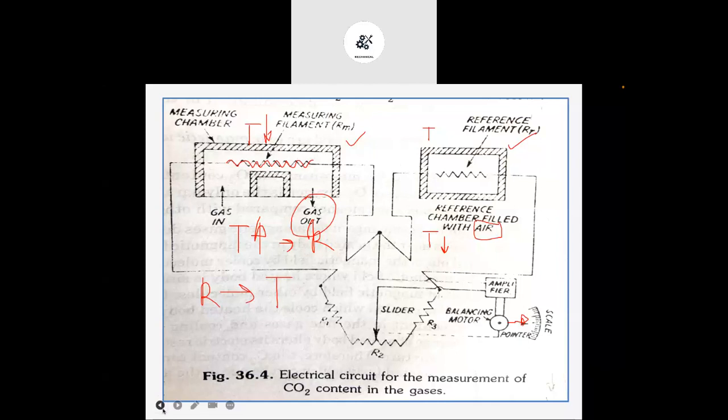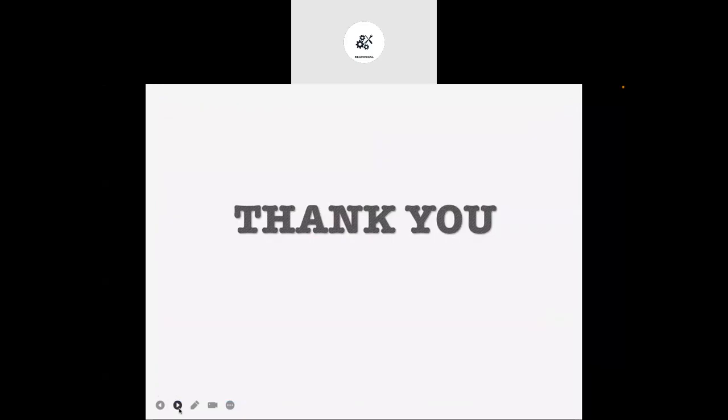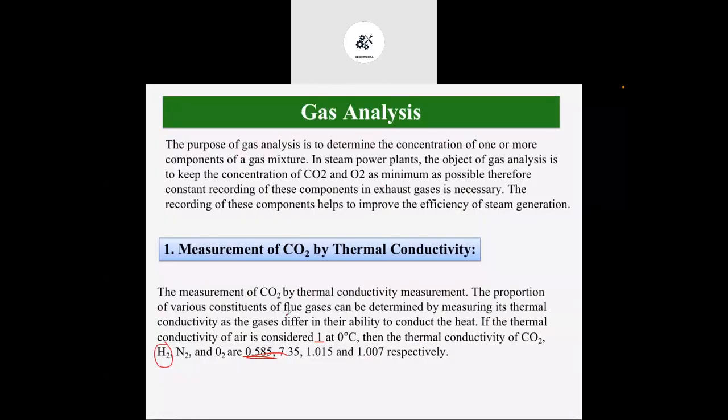Because of the availability of hydrogen gas or water vapor inside the gases, it will show a variation in reading. That will cause an error in reading, and that will affect the correctness or the accuracy of this particular reading. So this is how you can measure the CO2 content inside the flue gases.